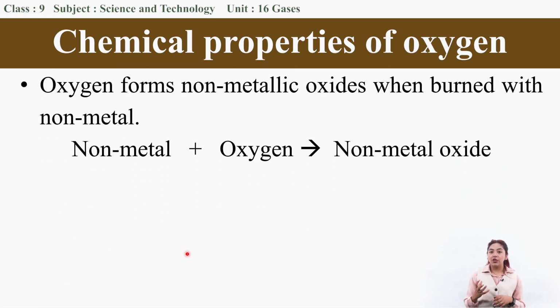Similarly, when oxygen reacts with non-metals, it forms non-metal oxide. Previously we said that when oxygen reacts with metals, it forms metal oxide. But here the second chemical property is when oxygen is burned with non-metal, it forms non-metal oxide. There is one major reaction with non-metal which is very important for our survival.